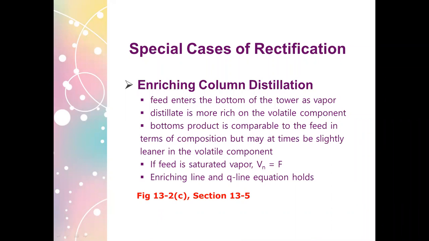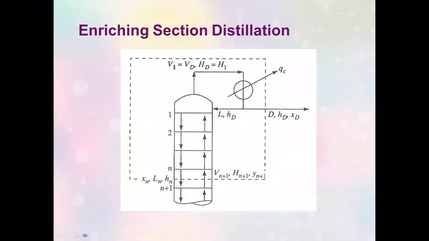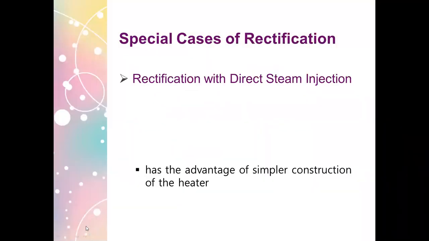You can read on this in the section that is indicated here in your handbook. And this would be how it's going to be, your enriching section distillation. There are still other types of rectification, and we will be discussing that as well on Monday. Okay? Any question for now?